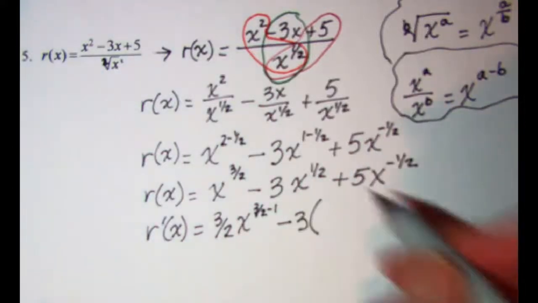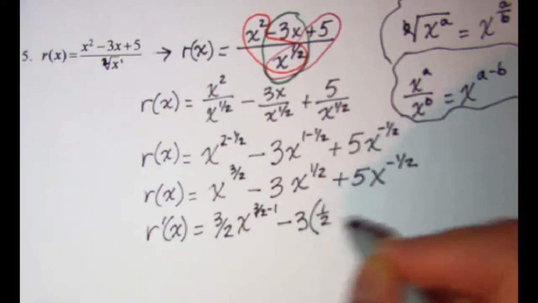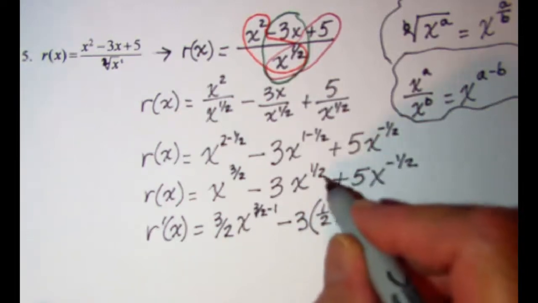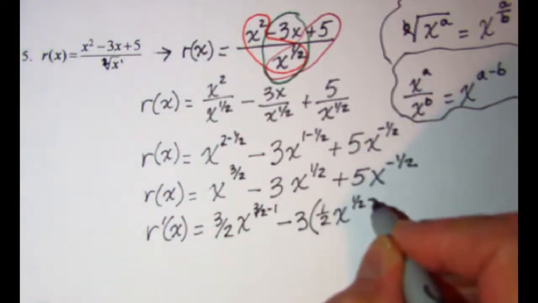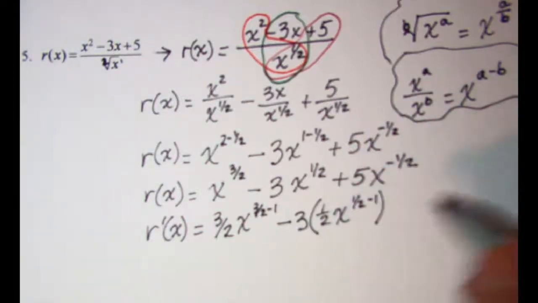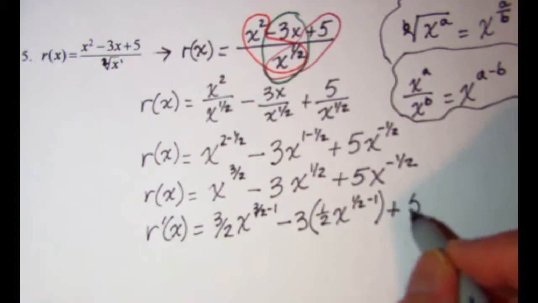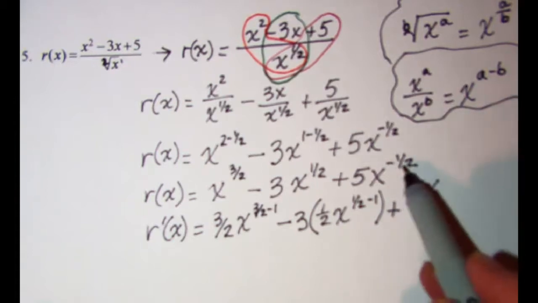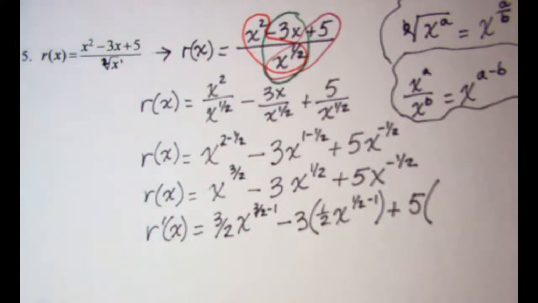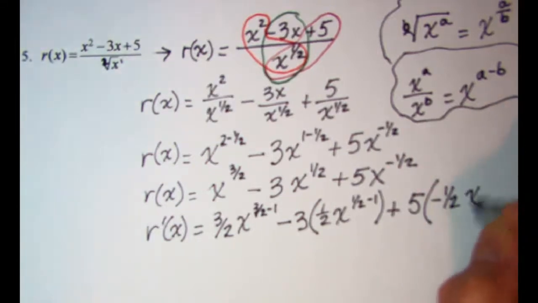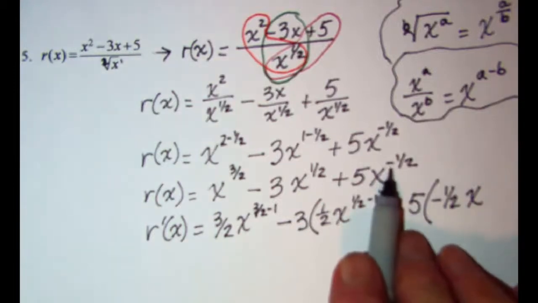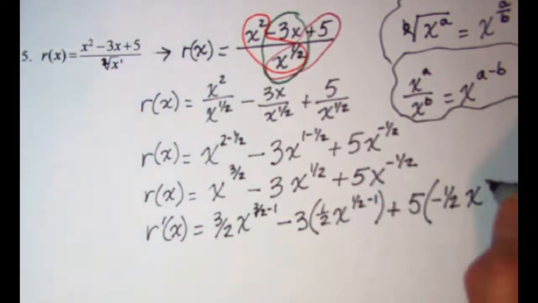Bring your 1/2 out in front, and then multiply it by x to the 1/2 minus 1. Plus 5 times, bring the exponent out in front, and multiply it by x to the negative 1/2 subtract 1.